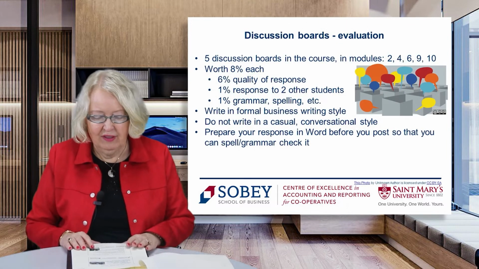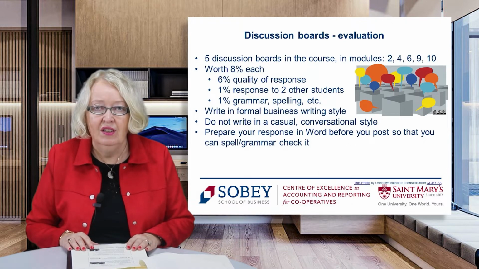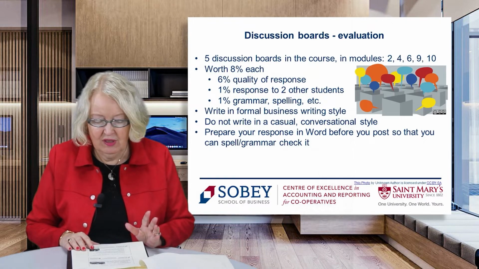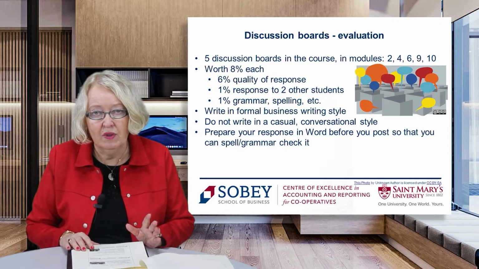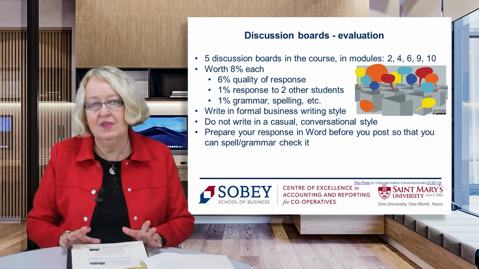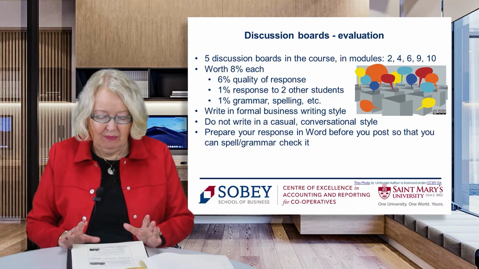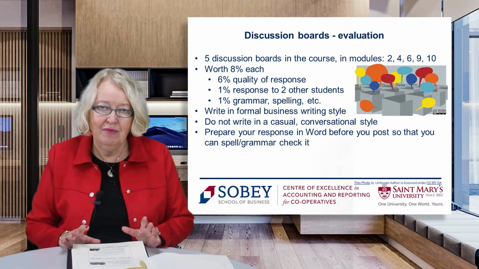So we've got the 5 discussion boards, and they're worth 8% each. As I mentioned earlier, 6% for the quality of the response, 1% for your response to other students' postings, and 1% for grammar, spelling, and so on. So you need to write in a formal business writing style.